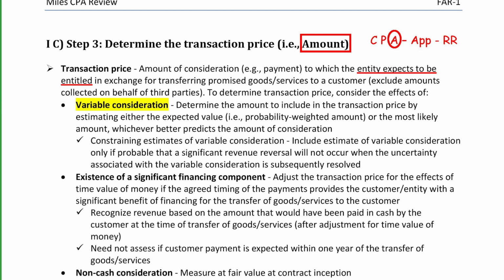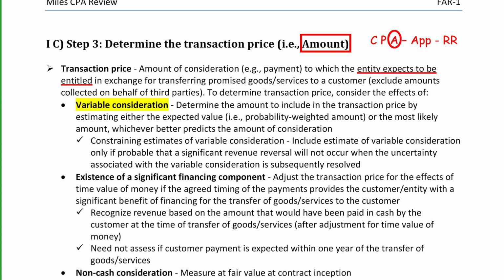Think of price concessions, rebates, or volume discounts on the contract. They could reduce the amount of the transaction price. Think of incentives or performance bonuses on a contract, which could actually increase the amount.